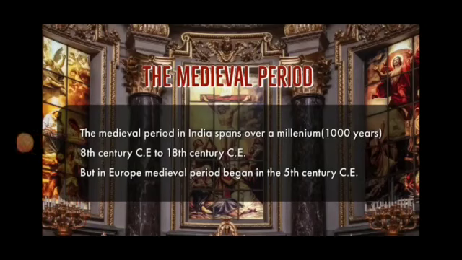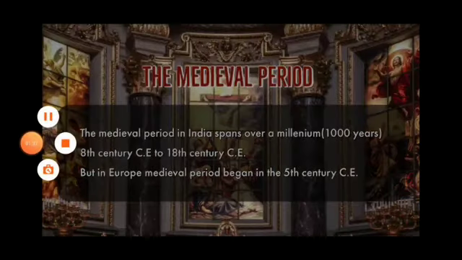The medieval period in India spans over a millennium, that is 1000 years. It started from the 8th century Common Era to the 18th century Common Era, but in Europe, the medieval period began in the 5th century of Common Era.